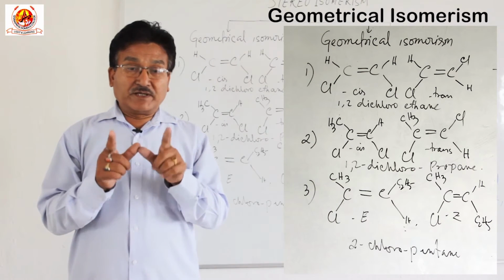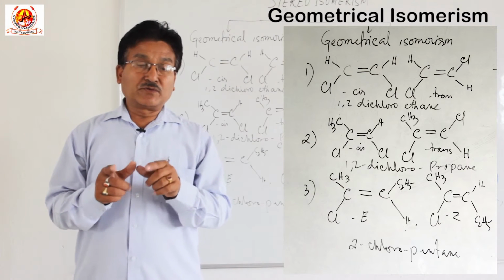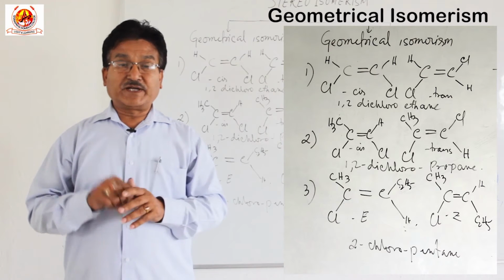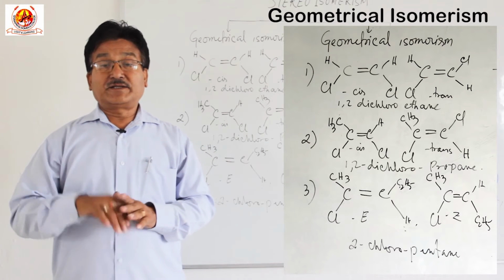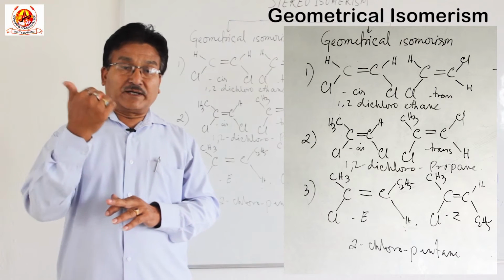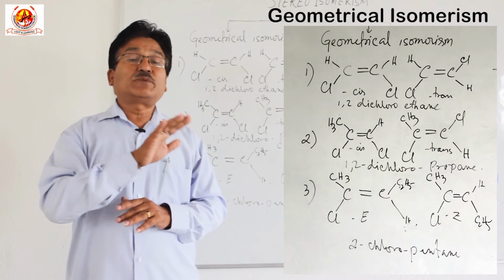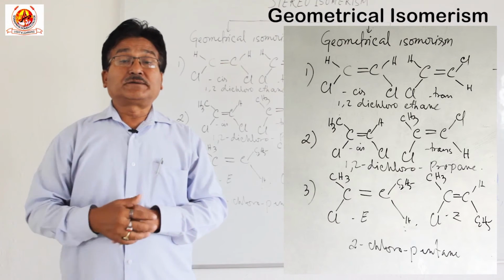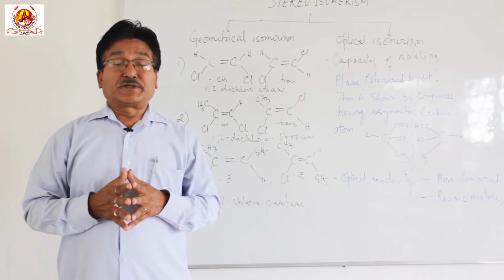These two priority groups are on the same side, and that is called Z. Z means zusammen, the same side. On the opposite side, it is E. This is about geometrical isomerism.